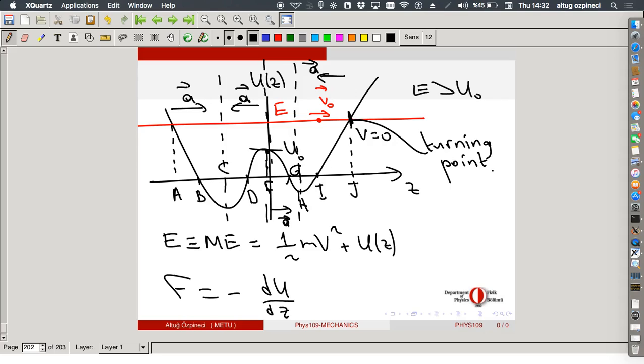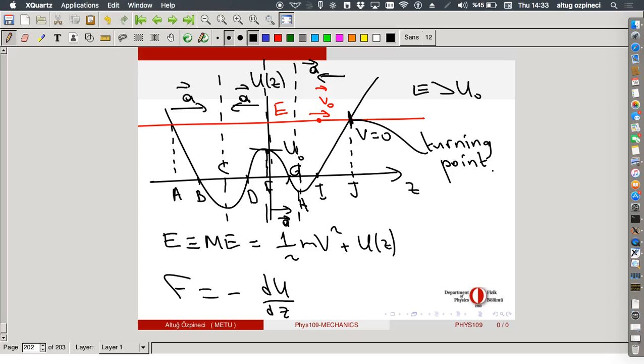Again, when it reaches this point, its speed will be 0, because the potential energy is already equal to the total mechanical energy of the system, so there is no energy left for the kinetic energy. So the speed will be 0, but nevertheless there is a force acting on my system in the positive z direction at that point. So although my point just reaches the point A, it will stop there, and then it will just go back, it will turn around.